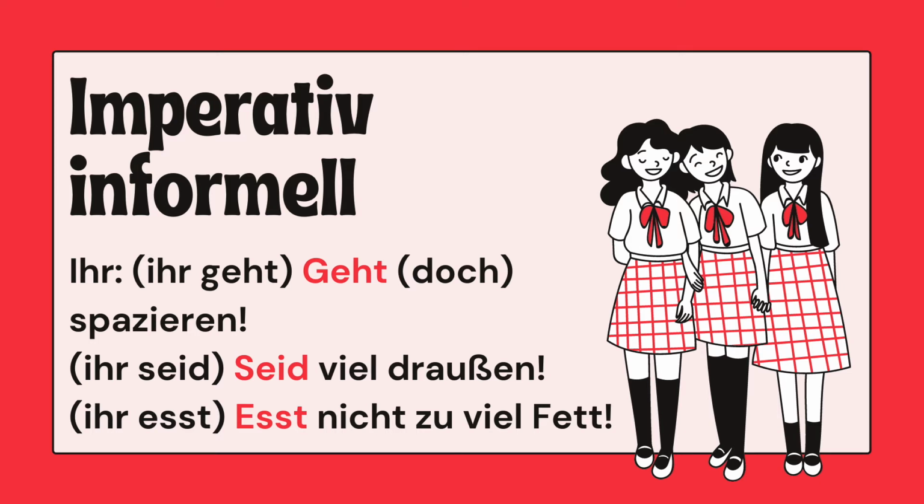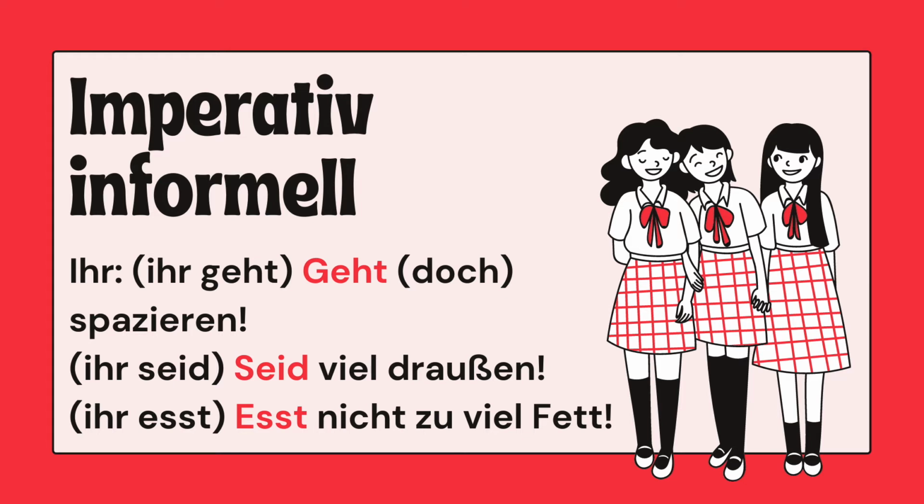On this one, we can see the informal imperative forms, but in the plural. You can use it for a couple of people when you want to say something. Ihr means you, so ihr geht means you guys go, in the plural form. For example, if you want to say go for a walk, you can say geht spazieren, oder geht doch spazieren.